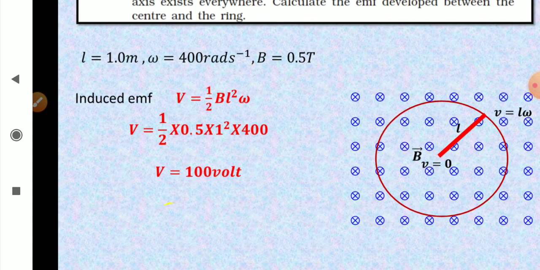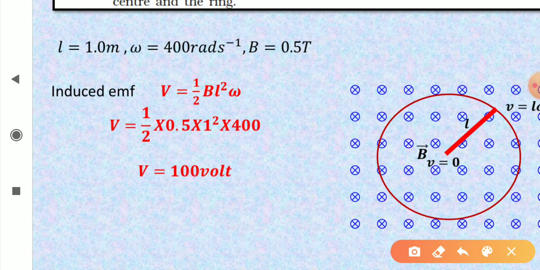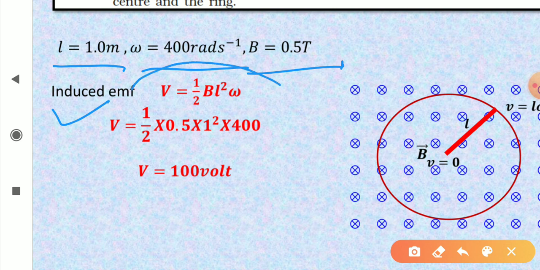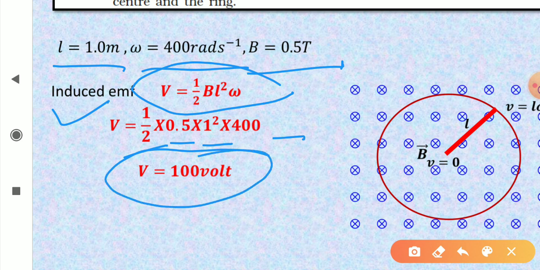Now, the relation for induced EMF is, see, L is 1 meter, omega is 400 radian per second, B is 0.5 Tesla. So, induced EMF is given by this relation, half B L square omega. Put all the values, multiply, you get 100 volt.